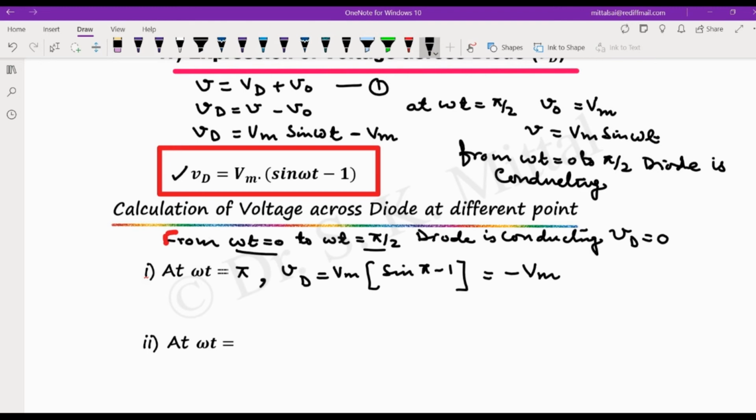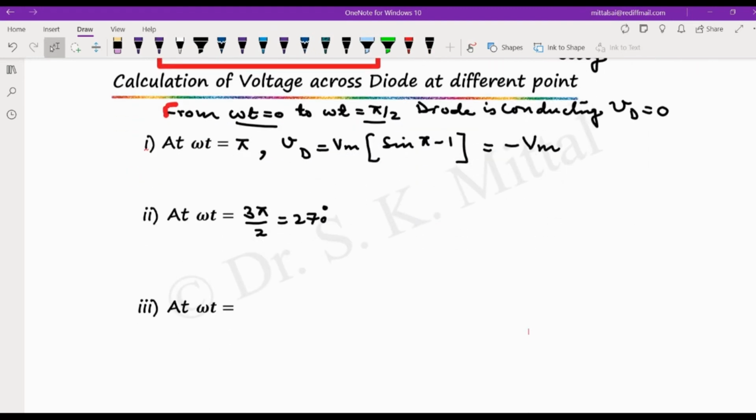Now voltage across diode at omega t is equal to 3 pi by 2, or 270 degree. So now what is the value of Vd? Vd is equal to Vm sine 270 degree minus 1.